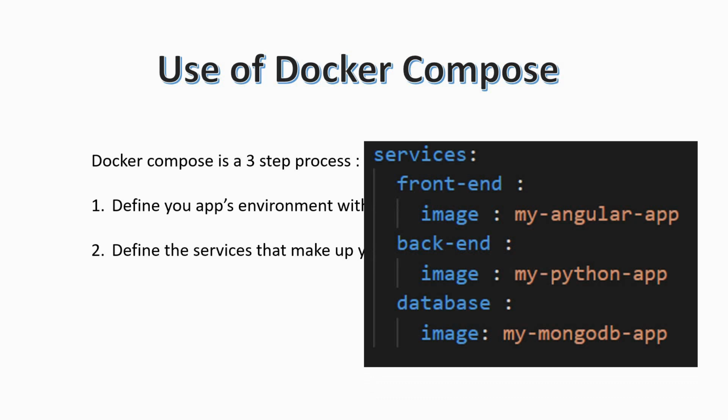As you can see, under services we have segregated the front end, back end, and database services, and we might have individual images for each of these. This is how we define the services inside our docker-compose.yaml file.